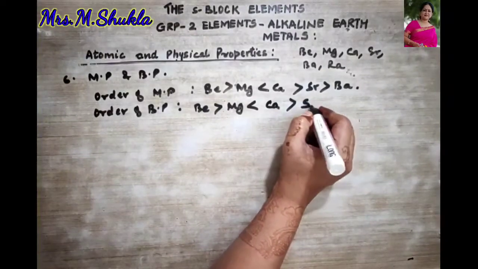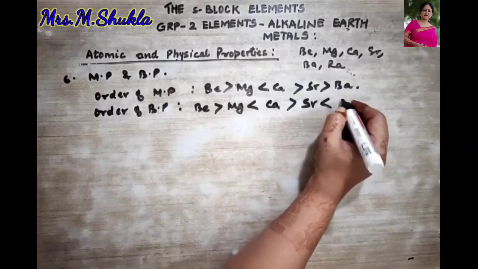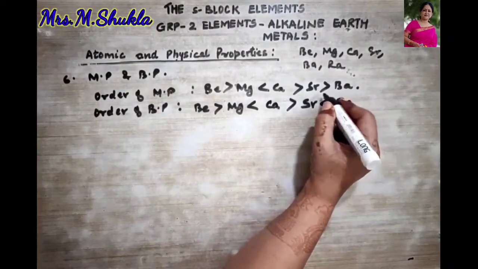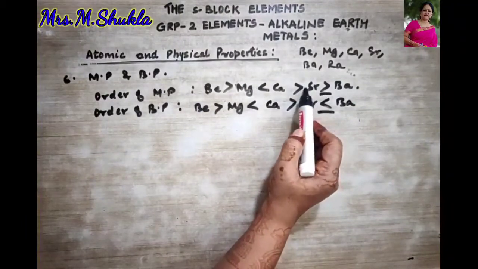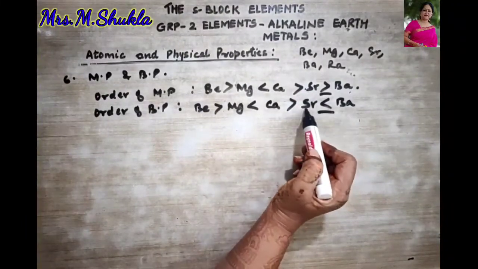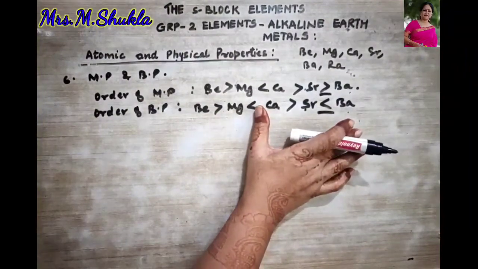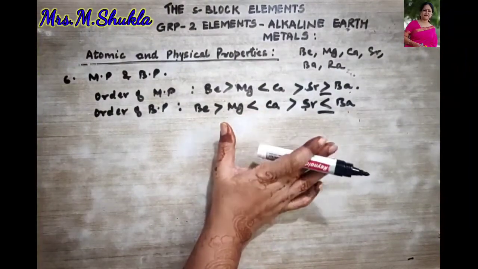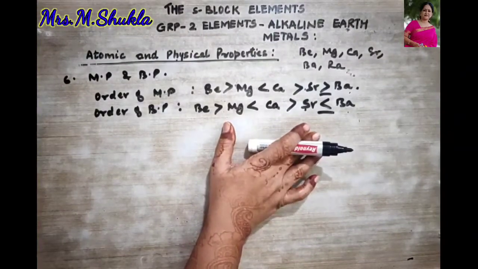Calcium has a higher boiling point than strontium, and strontium has a lower boiling point than barium. So here you will find the difference. The melting point of strontium is more than barium, and the boiling point of strontium is less than barium. Clear? So all this is why? Because of the different types of lattice that are formed, right?